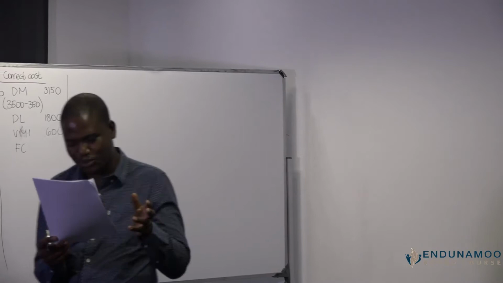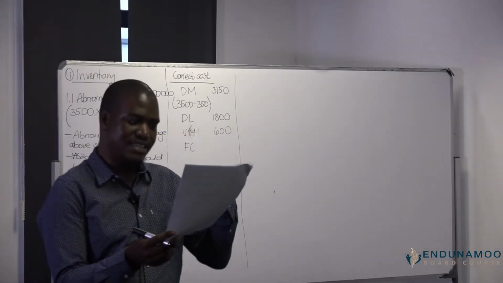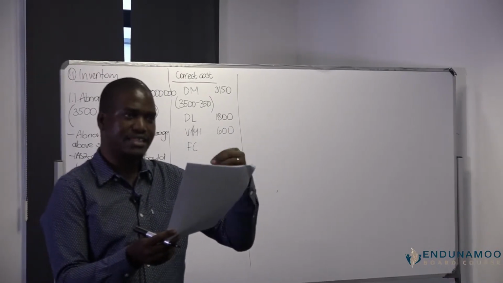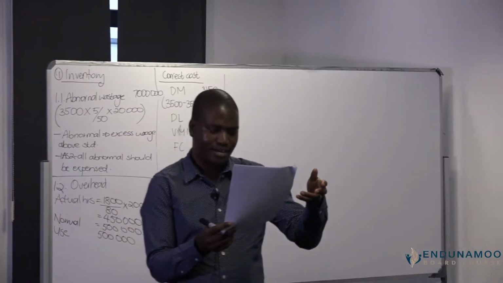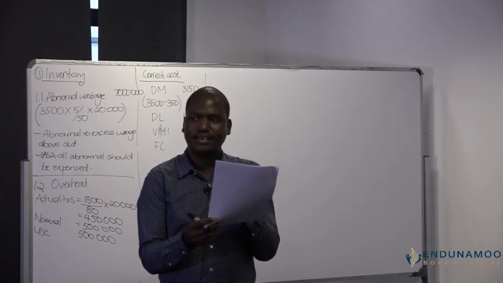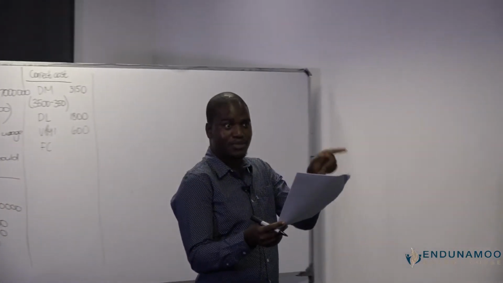So you did 1.8 divided by 80 and got 22.5, which is the labor rate per hour? No, the hourly rate is given as 80 rand. It's hours per unit. But I thought you got hours per unit already by saying 500 divided by 20,000.